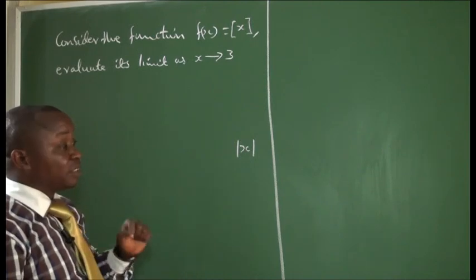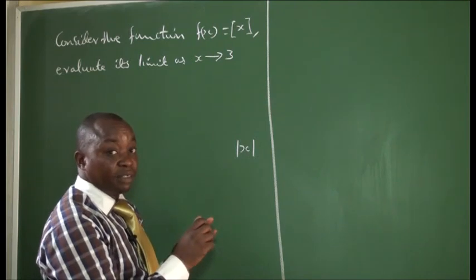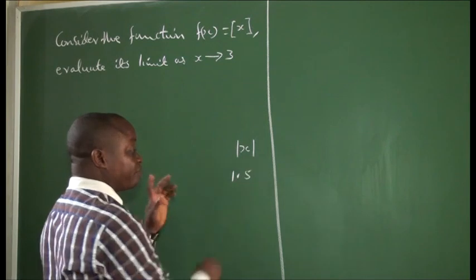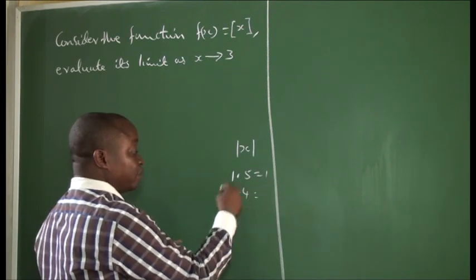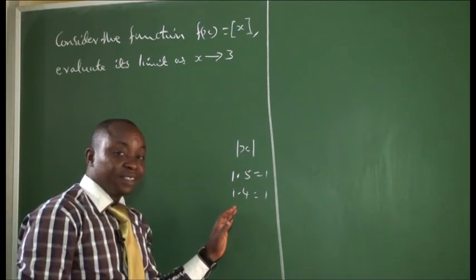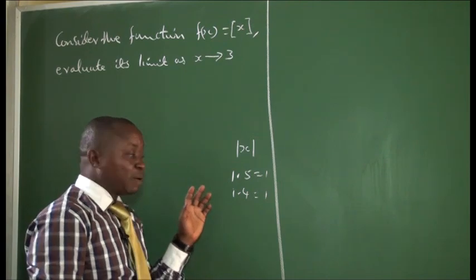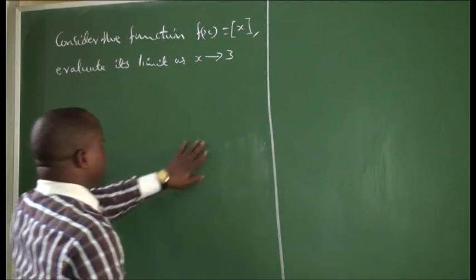If I have a decimal number, like 1.5, then it will be equal to 1. 1.4 will be equal to 1. I will only take the whole number part. So that is one of the behaviors of the greatest integer function.